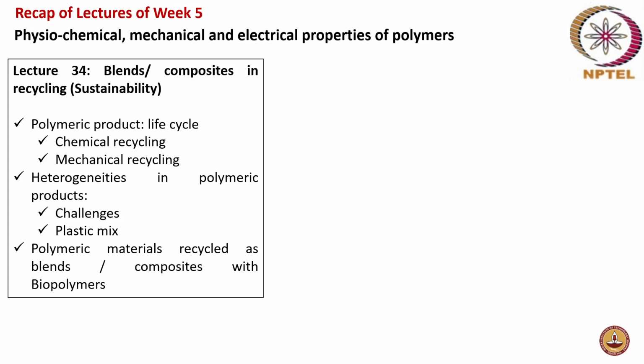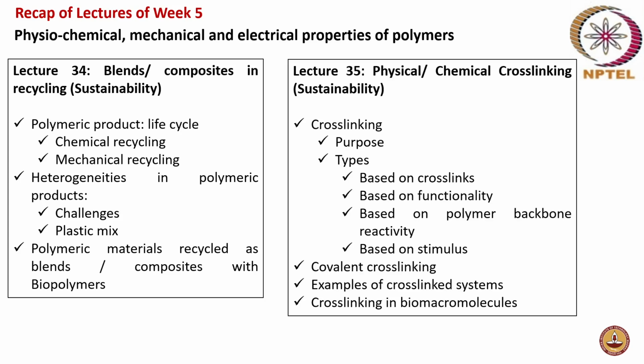So polymeric materials recycled as blends and composites. How can you incorporate different polymeric waste as blends and composites, which can be recycled and reused for some purpose. So those kinds of thought processes were discussed.